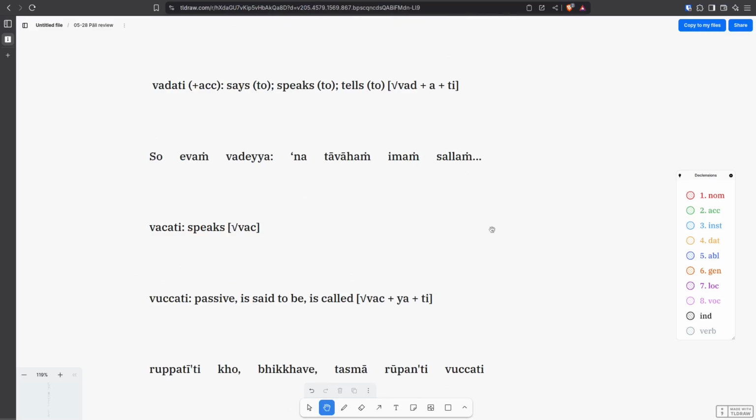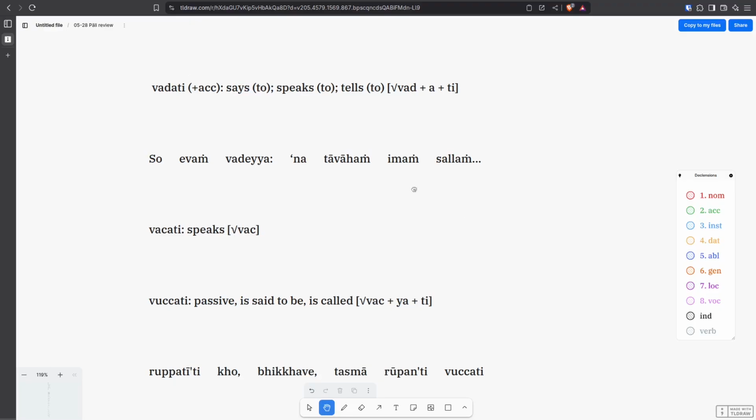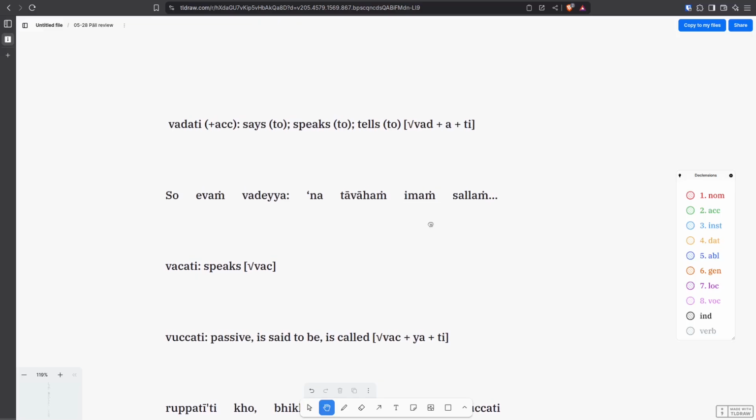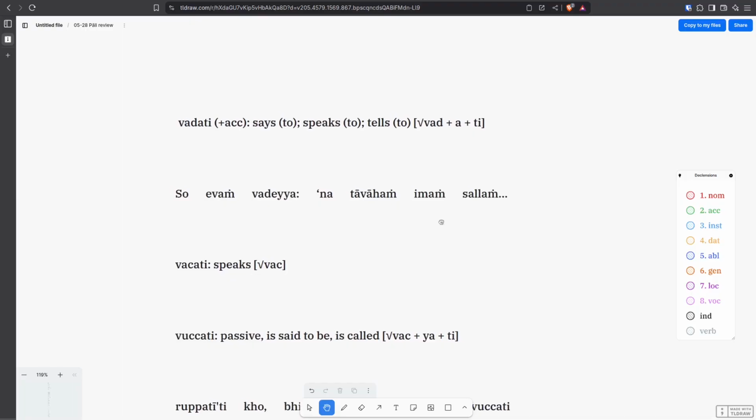So, next page on your papers. I collected a few of these verb forms that come up very often in the suttas, and the difference between them is good to train to recognize.